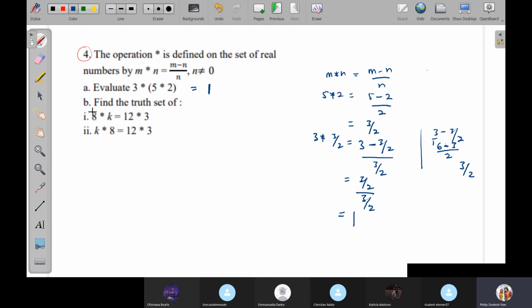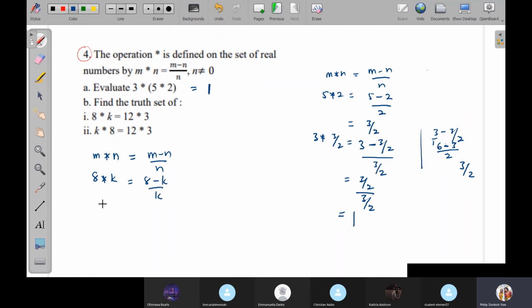Our time is up, but let me try and do the I with you so that you compare it with your solution. So the rule still holds as m star n is equal to m minus n all over n. Having 8 star k, when we simplify that, that is going to give me 8 minus k all over k.